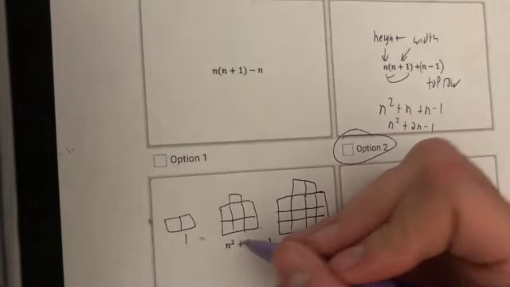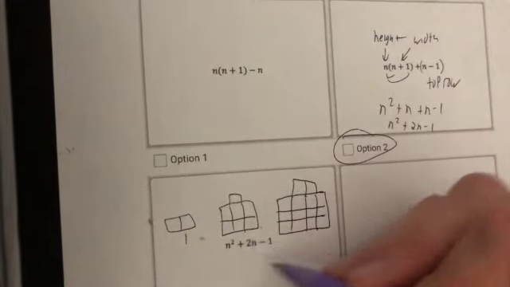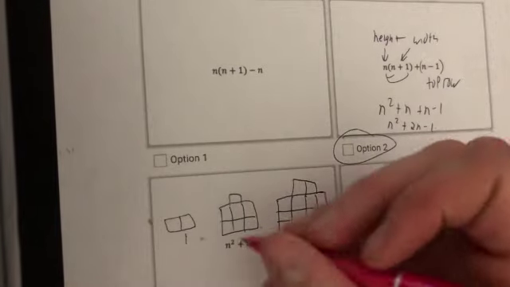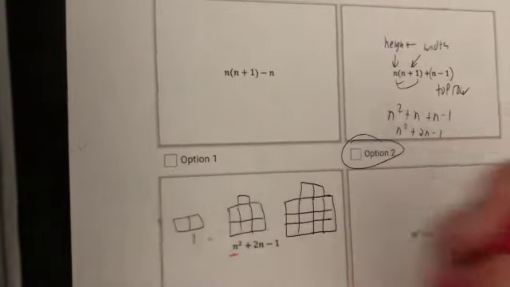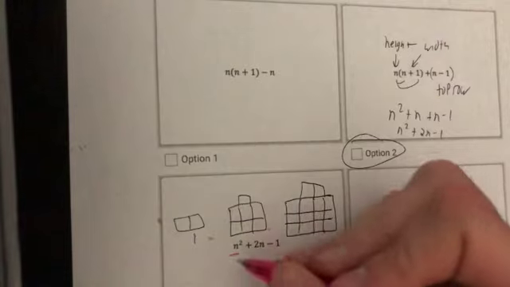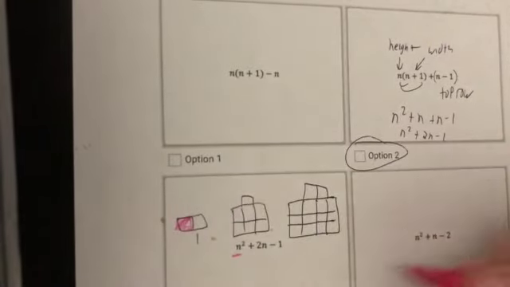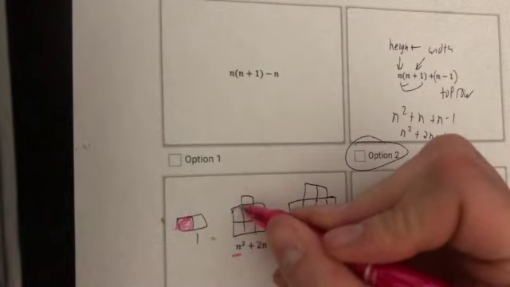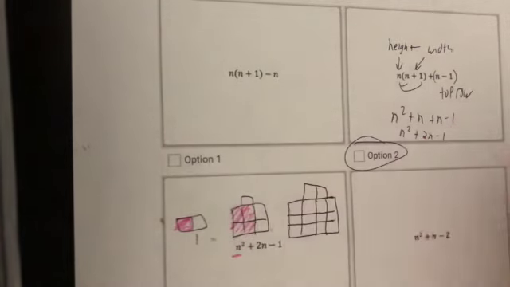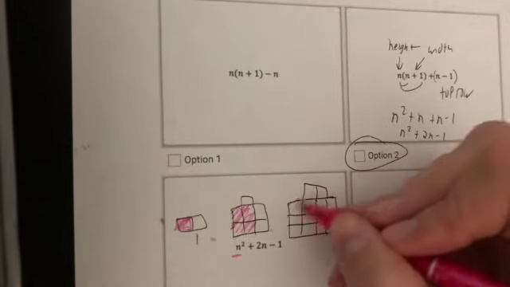So where do I see n squared plus 2n minus 1? I'll put the n squared in pink where I see that. So n squared is a 1 by 1. So there's a 1 by 1 there. Here n squared is 2 by 2. So there's my 2 by 2. And here n squared is 3 by 3. So I'll do that 3 by 3.